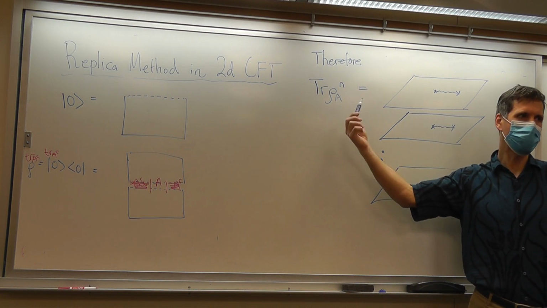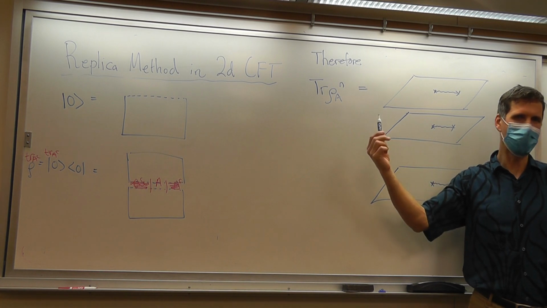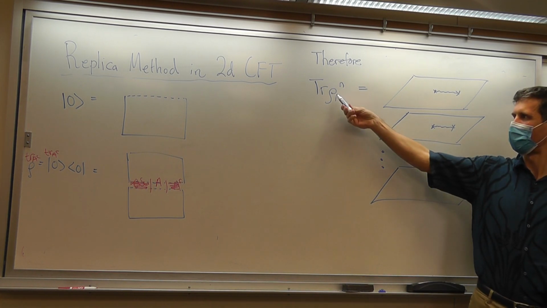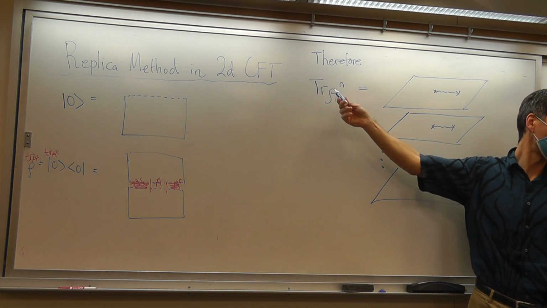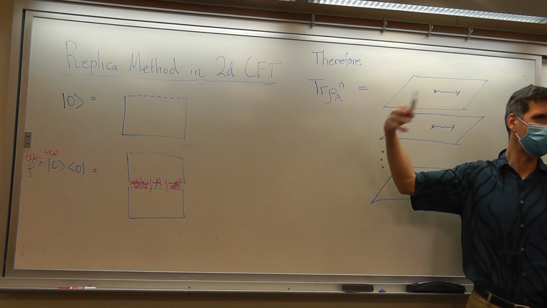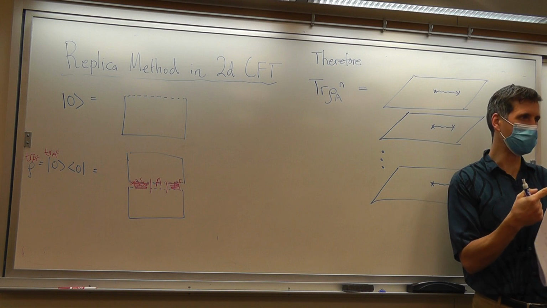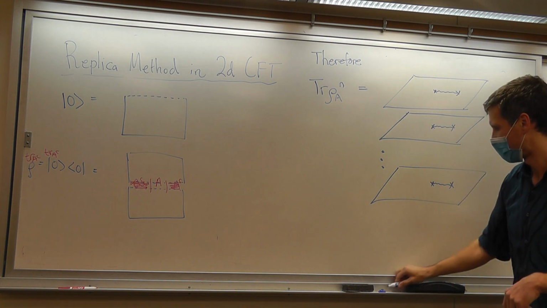The matrix multiplication means that we stick the same field data on the two rows and then sum over it. That's the contraction of indices in the matrix multiplication.